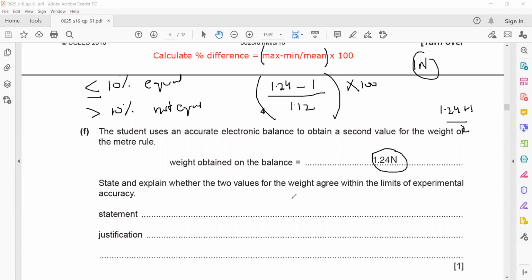First you will subtract. When you subtract, it will come out 0.24, divided by 1.12 multiplied by 100. And you will find your percentage difference is coming out 21%. So when you were estimating, you thought that it was the same value.